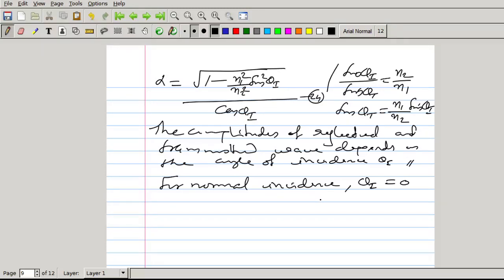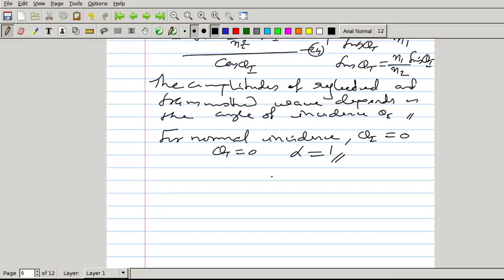If theta I equal to 0, then what is alpha? Theta I equal to 0, theta t equal to 0. So alpha is equal to cos theta t by cos theta I, which is equal to 1. Alpha equal to 1 means the amplitudes of the reflected and transmitted waves, E0R, what is E0R?